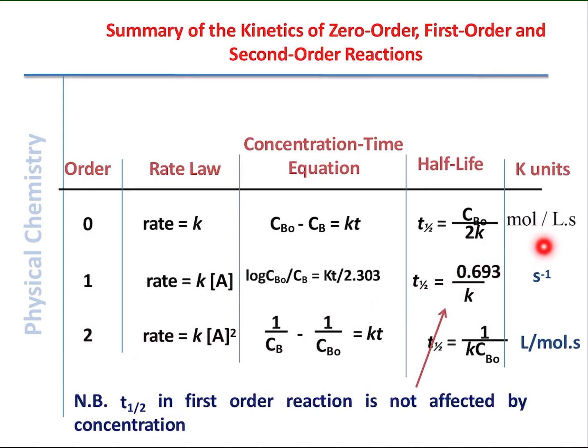And very important, you have to know the unit of the reaction constant in the three cases. In first order reaction, the T-half is not affected by the concentration. Why? Because in first order reaction, the reaction rate isn't affected by the concentration of reactant.